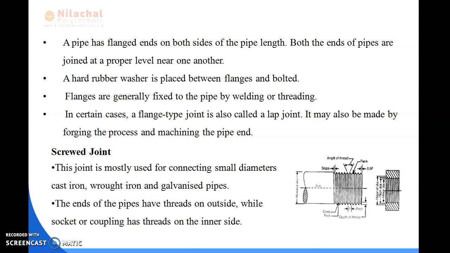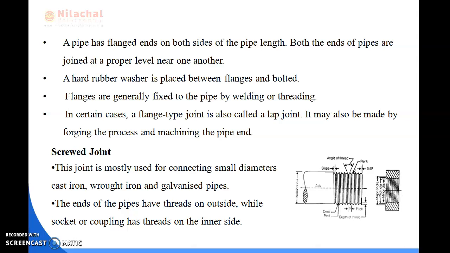It may also be made by the forging process and machining the pipe end.